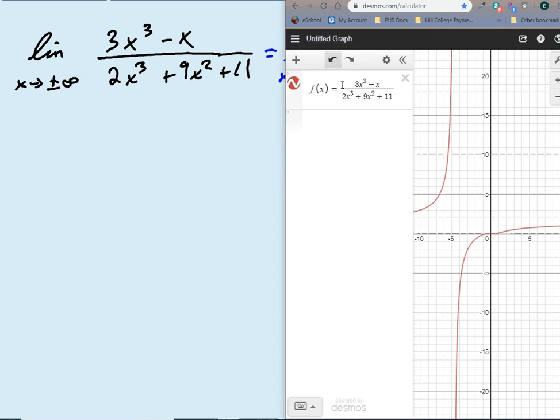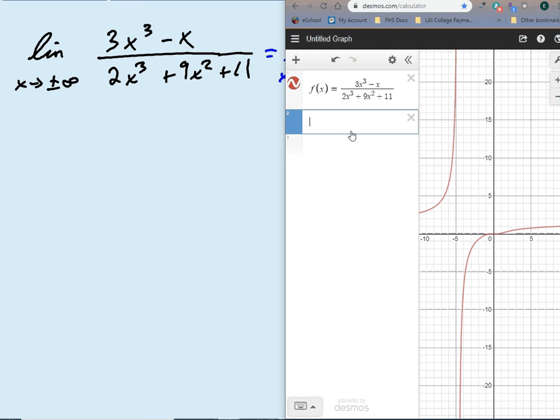Just go back, there we go. That's better. So now we'll go g of x equals, and I'm just going to do this. And I'm just going to delete those terms.